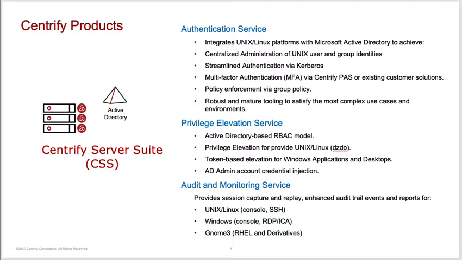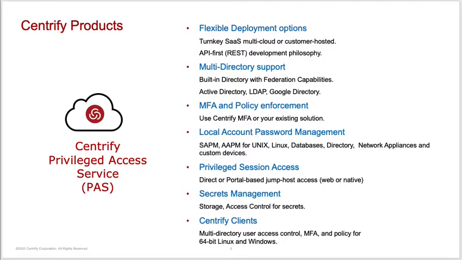The other product in the Centrify portfolio is Privileged Access Service. It's the flexible platform that can be deployed either as a SaaS solution in multi-clouds, or on-premise. It supports multiple directories, not only Active Directory. It has a powerful policy engine that drives a lot of MFA and conditional access.